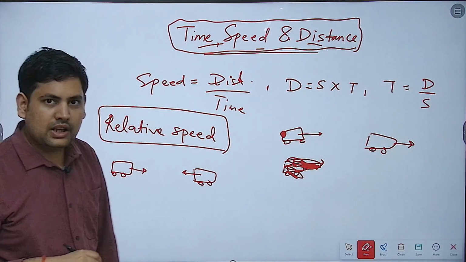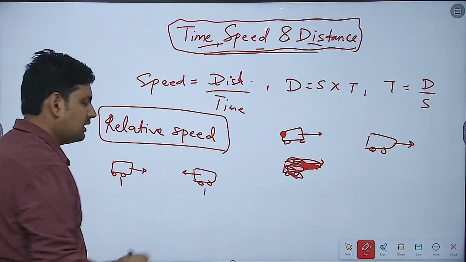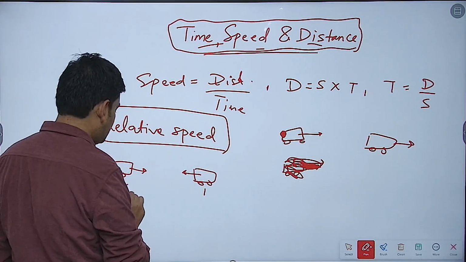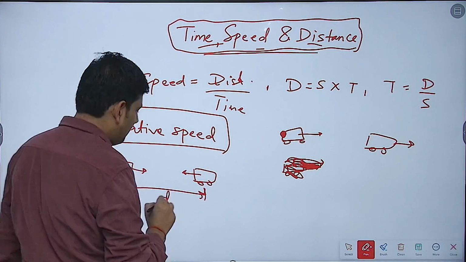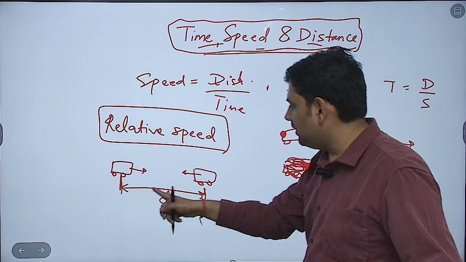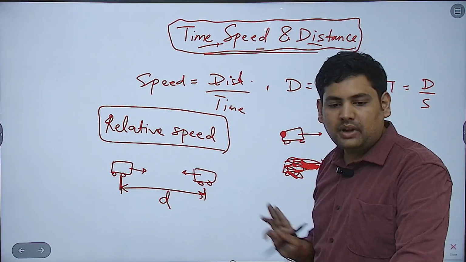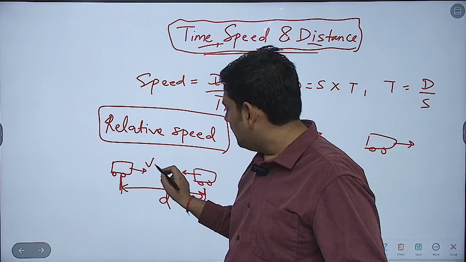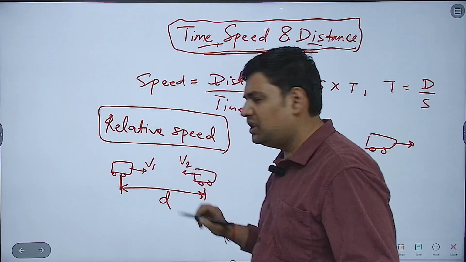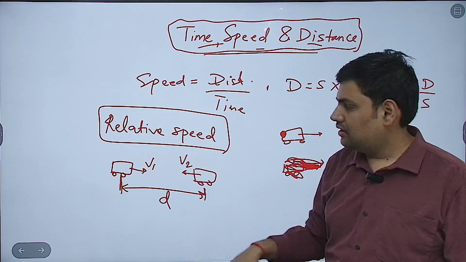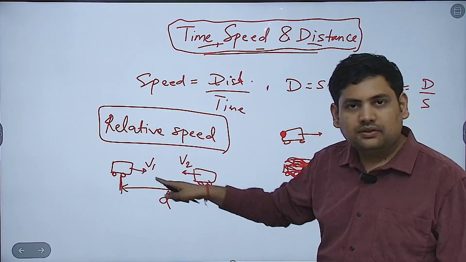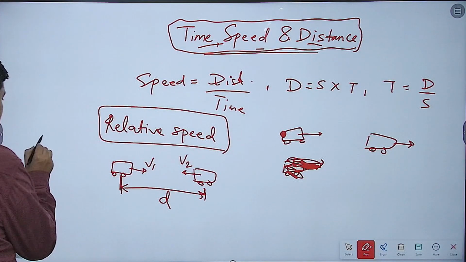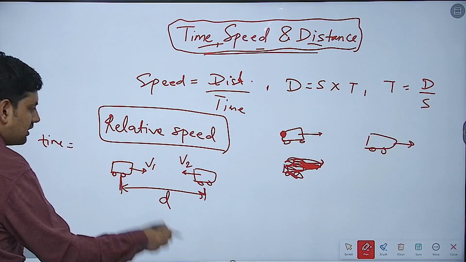Now you tell me, if these are the two cars and they're both approaching each other, whatever is the distance between these two cars will be covered by what velocity? Let's say this is going at speed of v1 and this is going at speed of v2. Now how much time will it take to cover this distance?